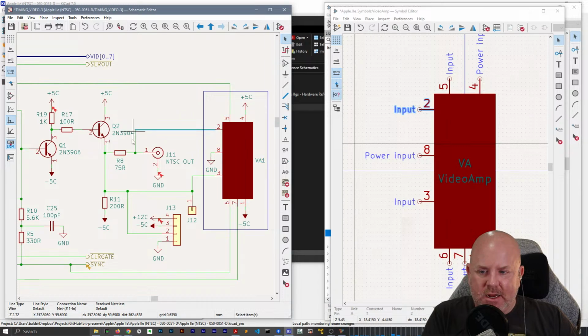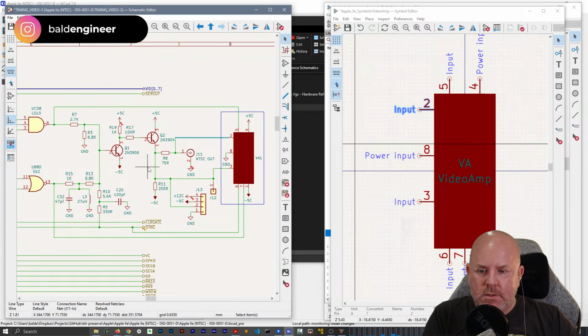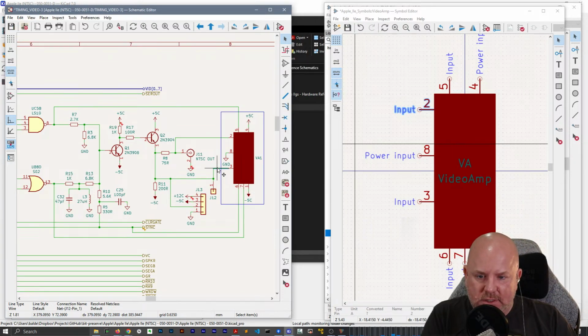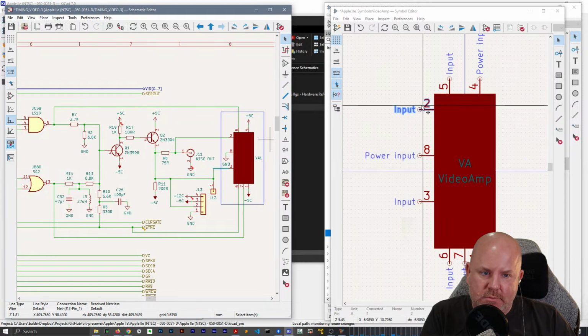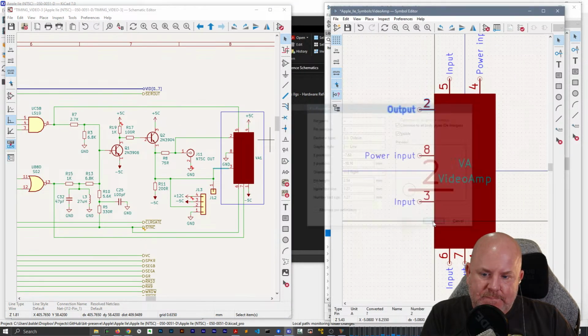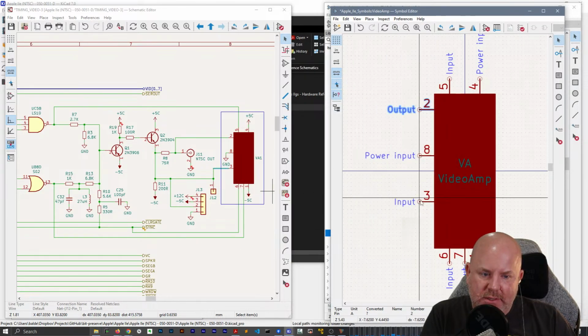Maybe pin 2 is an output. And then pin 3 might be an output as well, because maybe that's yanking the signal down for the sync pulse. And then maybe pin 2 outputs the color burst. And then when all that's done, the luminance gets put out. It's kind of what I'm thinking it's doing.